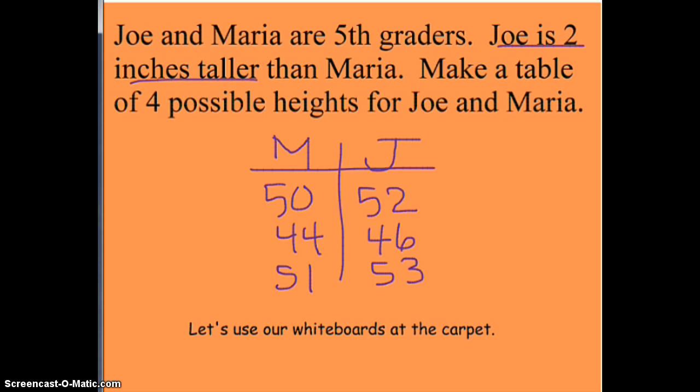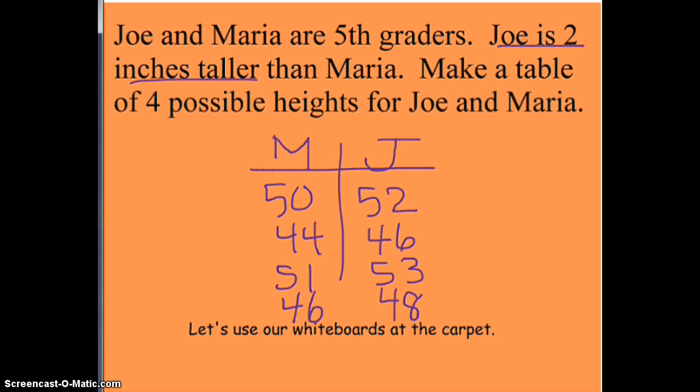If Maria's 51, Joe would be 53. What if I told you that Joe was 48? Then what is Maria? Did you say 46? Because Maria would be 2 less than Joe.